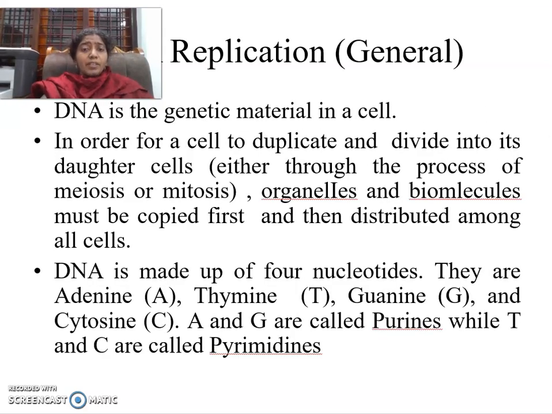And coming to the general process of DNA replication, we all know DNA is the genetic material. Once the DNA has to duplicate and divide into daughter cells, it should copy the organelles and biomolecules.